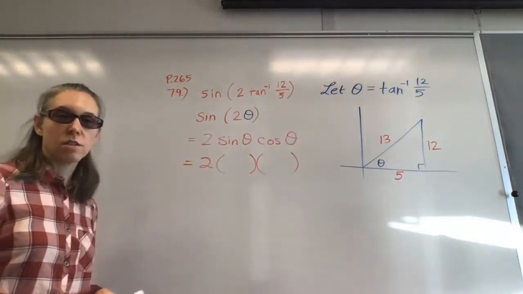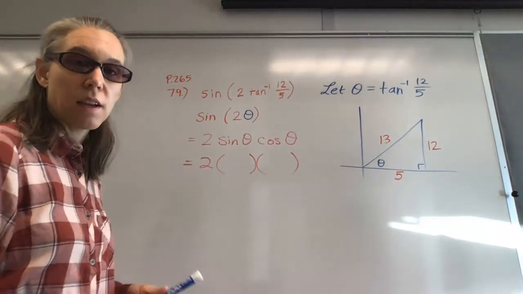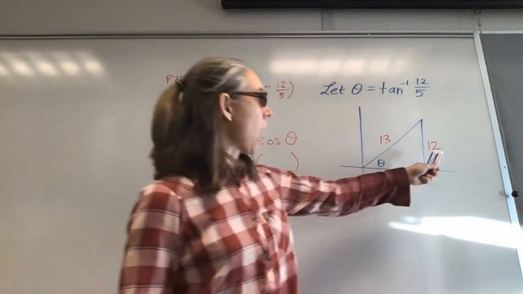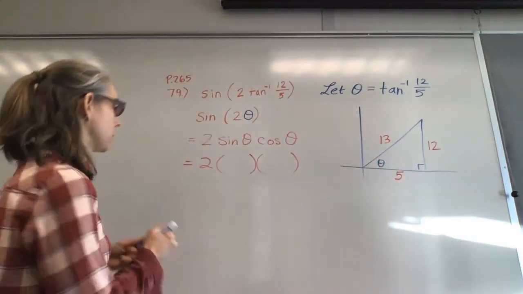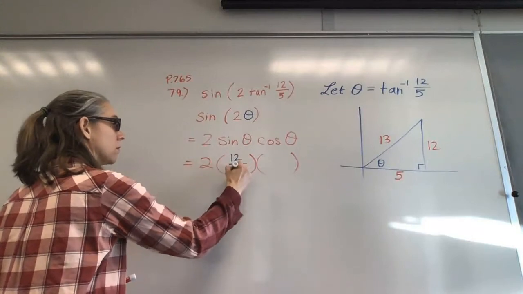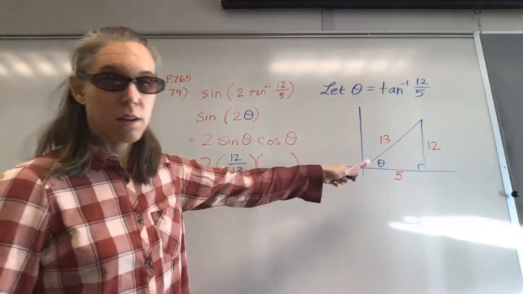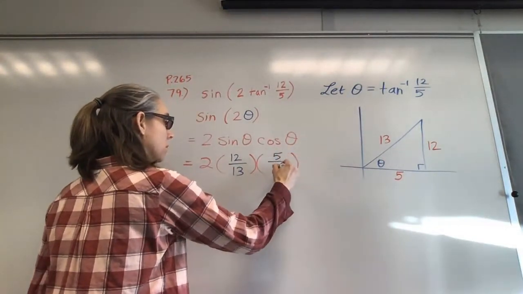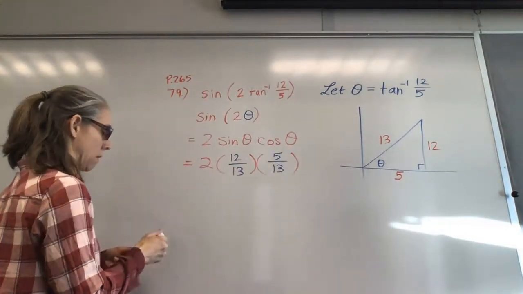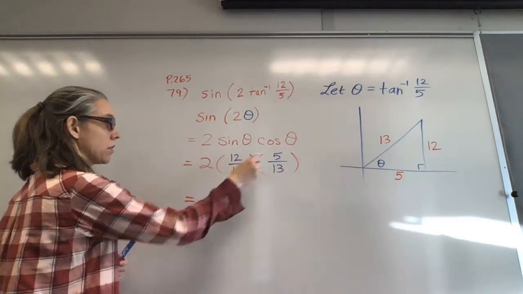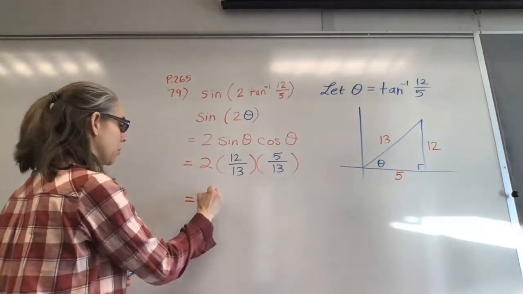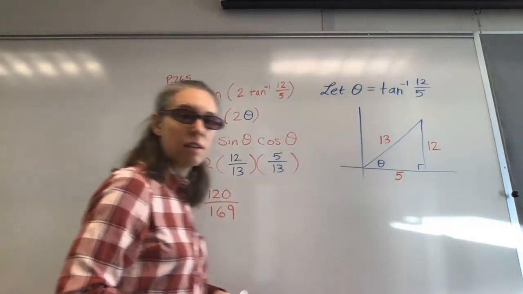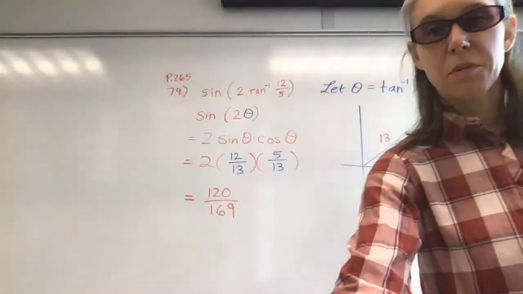So now I just need to replace sine theta and cosine theta using the triangle. So the sine of theta is opposite over hypotenuse, and the cosine of theta is adjacent over hypotenuse. And 12 times 5 is 60, times 2 is 120. 120 over 169 is then my final answer for number 79.